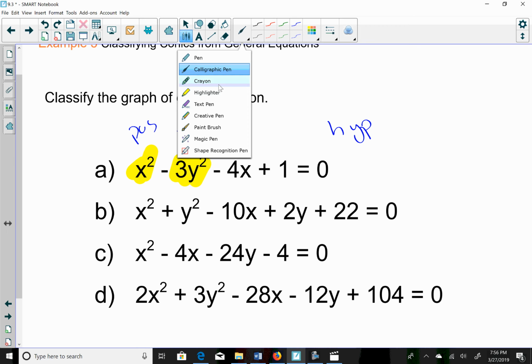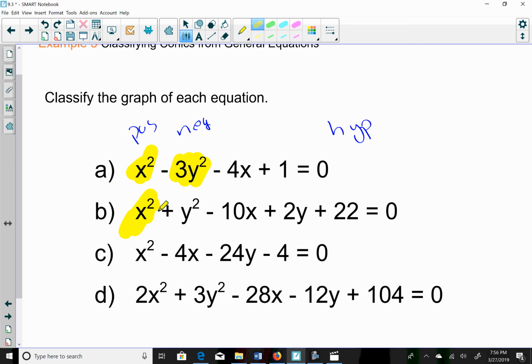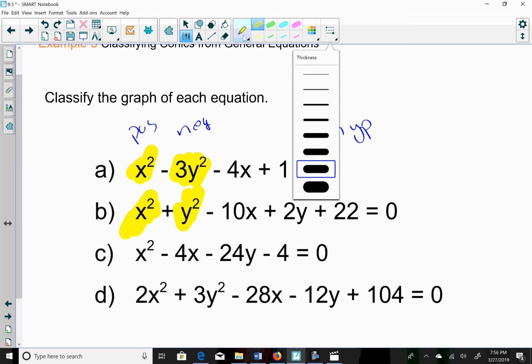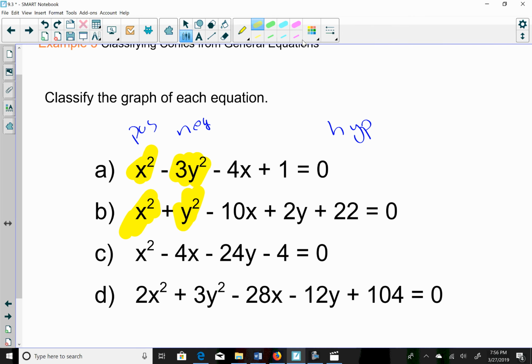Looking at the next one, I see that I have the x squared. I see that the y is squared. I see that this one is positive and the other one is positive. And the coefficient of both happens to be 1. Since they're both positive with the same coefficient, this is going to be a circle.